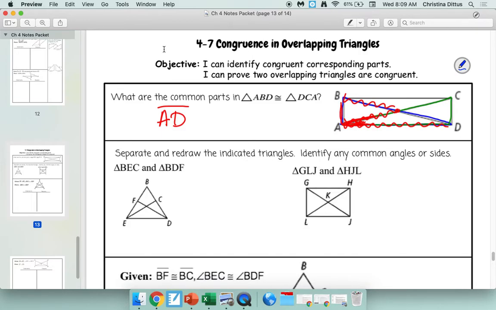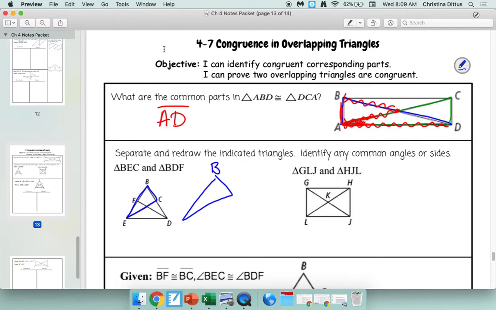Alright. Here, I like to separate the triangles just so that I can see what the overlapping stuff is. If I have triangle BEC, that's that one right there. If I separate that out, it's going to look something like this.